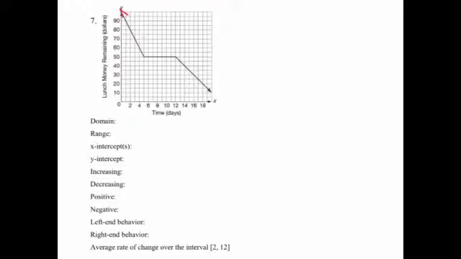So this one, my domain, it does go left forever, right forever, so we're looking at negative infinity to infinity. Even though, actually, this one's a little bit different, since it has a real context, it's not going to go everywhere.